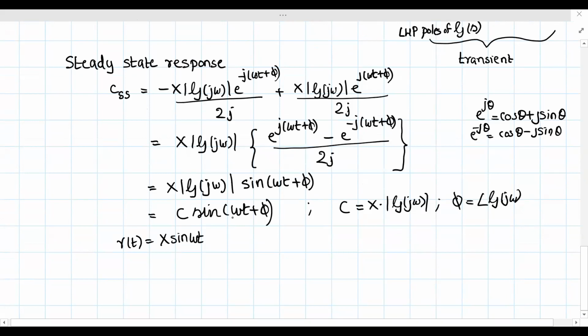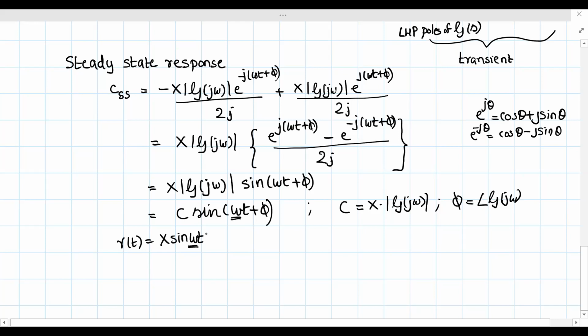What is the output sinusoidal frequency? It is omega, which is the same as the input sinusoidal frequency omega. But the output amplitude is different, right? What was the input amplitude? It was X, but now the output amplitude is X times mod G(j omega). So the output is different from that of the input.